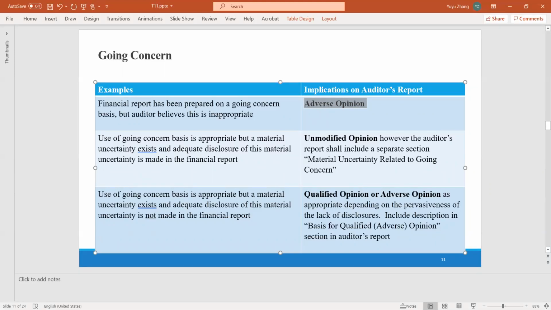In this situation, actually nothing is wrong with the financial statements because the directors have already properly disclosed it. But still, auditors want to emphasize this situation in their audit report. So they are going to issue an unmodified audit opinion with emphasis of matter on going concern.